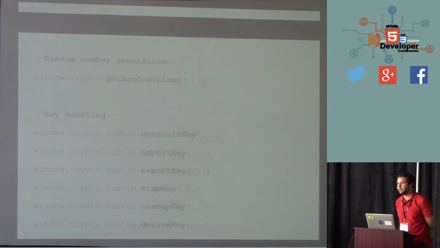Okay, so let's get into the meat. This is the actual API overview, so we're going to dig into what is available in the API itself. It's under the window.crypto module, and you'll notice the only thing available under the base level module is getRandomValues. That's a random number generator.